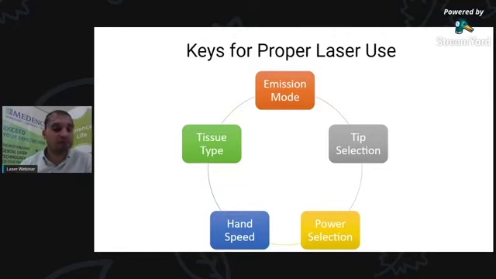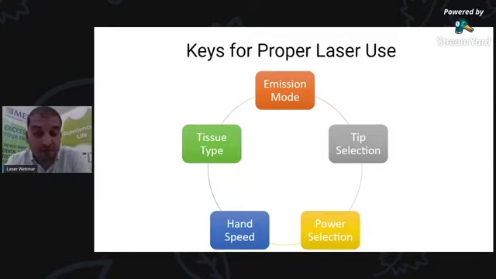But we can't use the diode laser on a tooth. This will have no effect. And if we use it with a high power or wrong parameters, we may cause some problems to the pulp, as it will go through the enamel and dentin to the pulp and raise the temperature of the pulp. So we have to use our laser with the proper tissue.